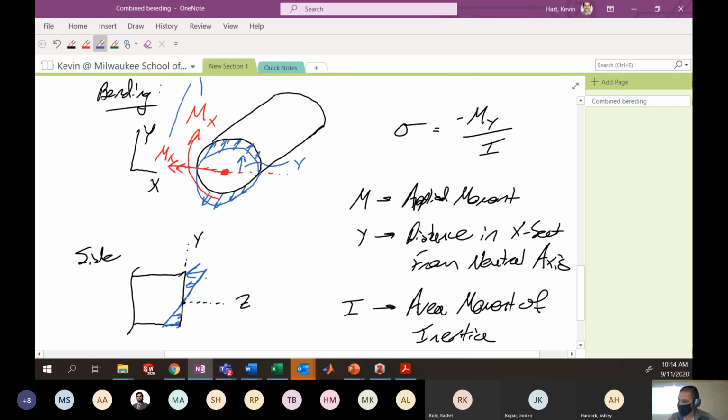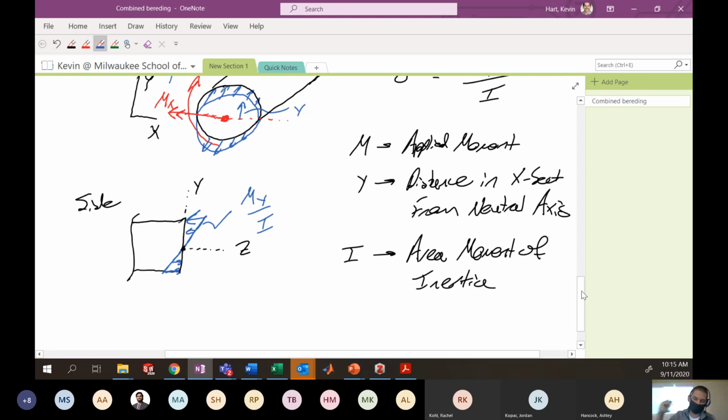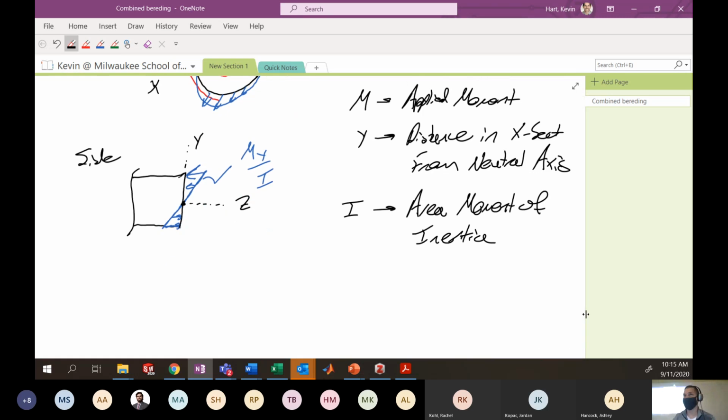Right. So here, this distribution being My over I. This is something you should have talked about in 2004. Hopefully that was beaten into your brains. Rawr, bending. Right? So we could have these normal stresses coming from either axial loading or bending, or a combination of both. Hence the combined loading.